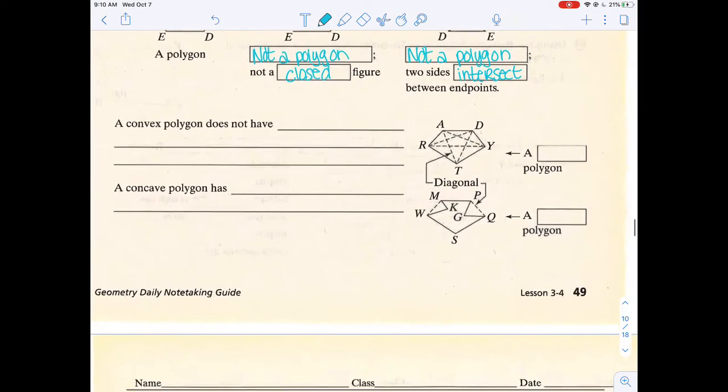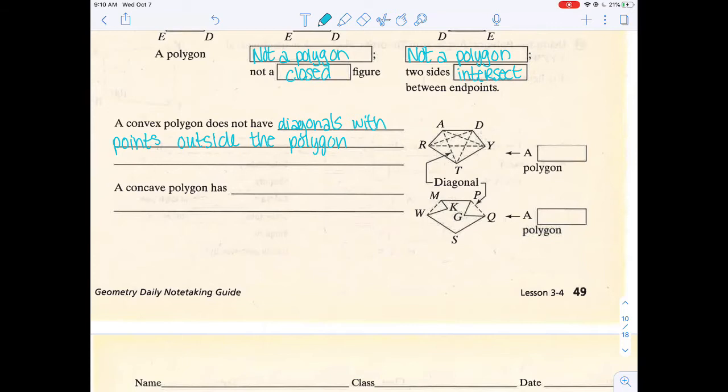Then we've got a convex polygon. A convex polygon does not have diagonals with endpoints, or with any points, sorry, outside the polygon. I like to think of it as no sides cave in.